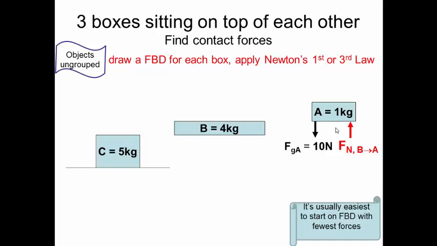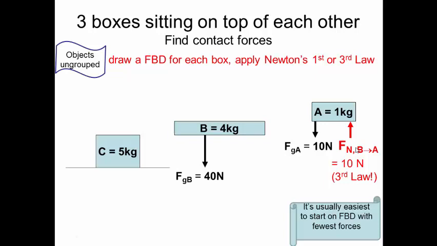All right, and this is easy math. If these are the only two forces and we're in equilibrium, then this has to be a 10 newton force. We can either use the first law equilibrium situation and write an equation to show that's true, or I can say, if these are the only two forces, then we've got an action-reaction pair here from Newton's third law. So let's move on to box B.